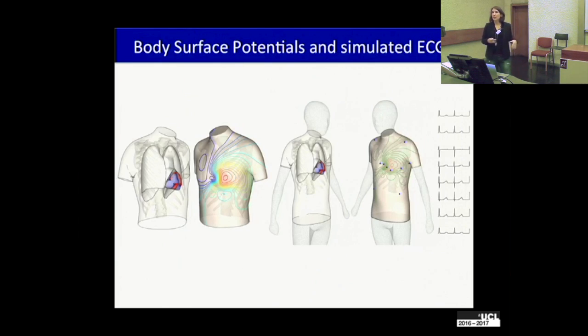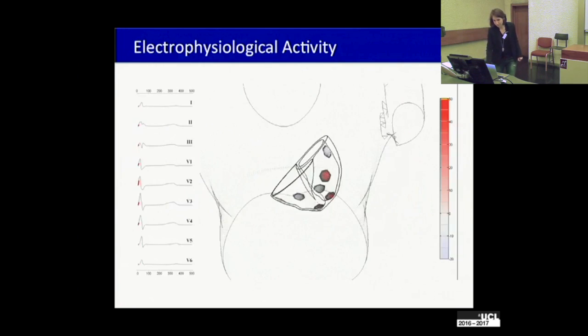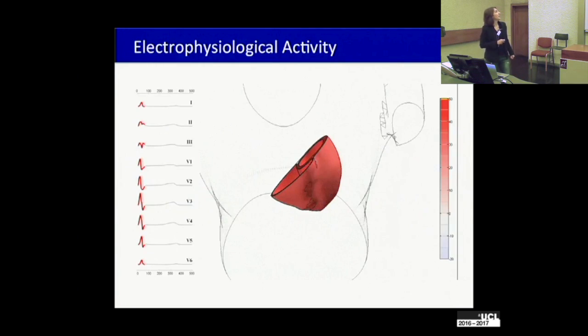And once we do this, we assign the electrophysiological properties, as I commented before, and we are able to simulate the electrical activity in the heart and then to the torso. And from here, placing virtual electrodes on the patient, we are able to simulate the 12-lead ECG. Here is an example. This is the activation of the heart, the QRS. And here it comes the repolarization, that is the T wave.